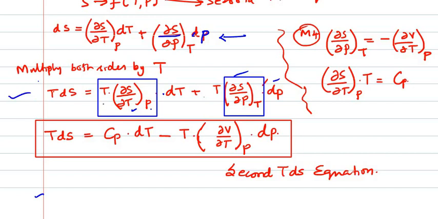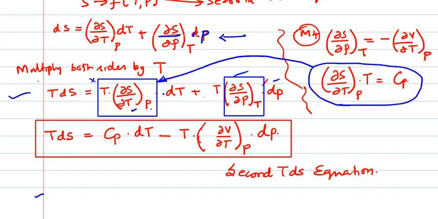We know that T into dou S by dou T at constant pressure is equal to Cp, so we bring that here. And from Maxwell's relation, dou S by dou P at constant temperature is equal to minus dou V by dou T at constant pressure. We substitute these terms and get the final TDS equation.